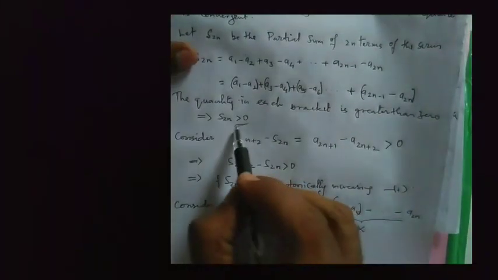This is 2. Now from equation 1 and equation 2 we have proved that the sequence S of 2n is convergent, as it is monotonically increasing and bounded. See, from equation 1 and 2, S of 2n is greater than 0, and when it is greater than 0 and less than a1, S of 2n is bounded.